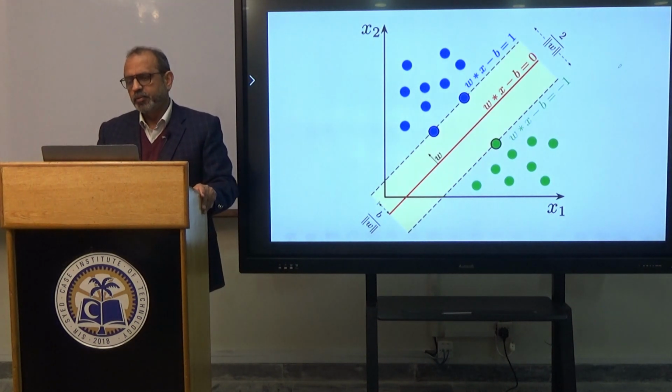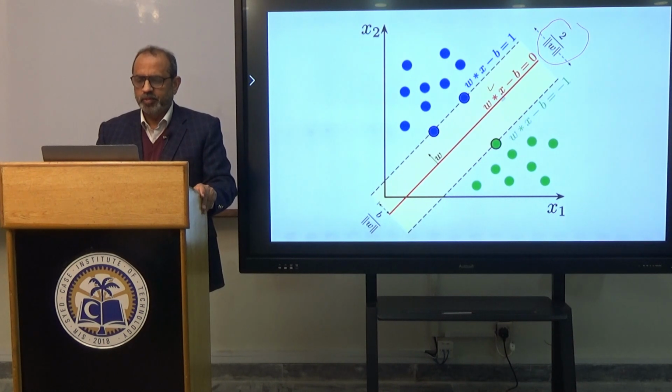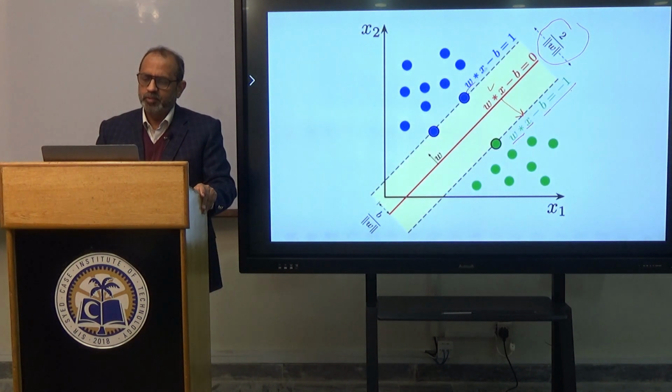If you look here, this is the equation of a line which is in the center, and this is the equation of a line which is one support vector, which is weights times feature vector minus the bias is equal to -1. Weights times feature vector minus the bias is equal to 1.